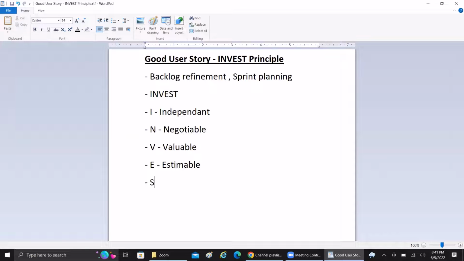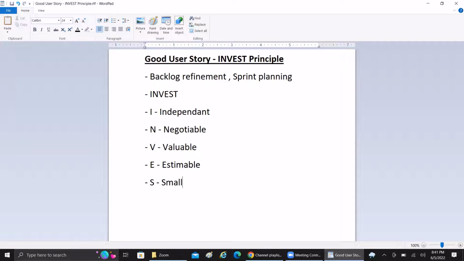And the next one is S. S stands for small. Estimable and small are very close to each other. But the major difference is that estimable is about going with the proper estimate.